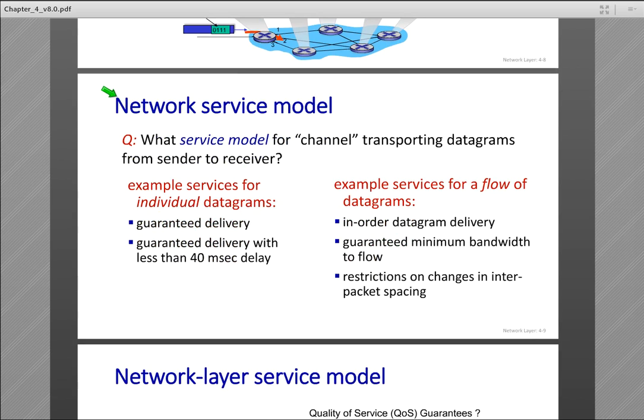When we think about the service model of the network layer, we can say that the network layer prepares a channel to transport my datagrams from the sender to the receiver.